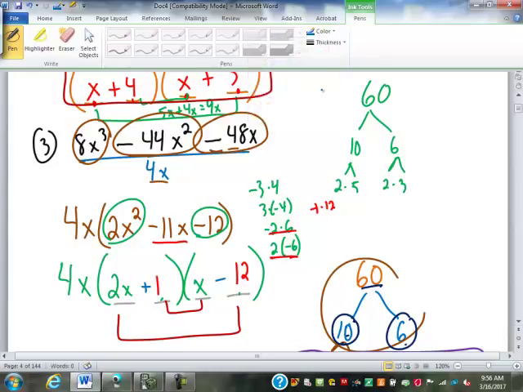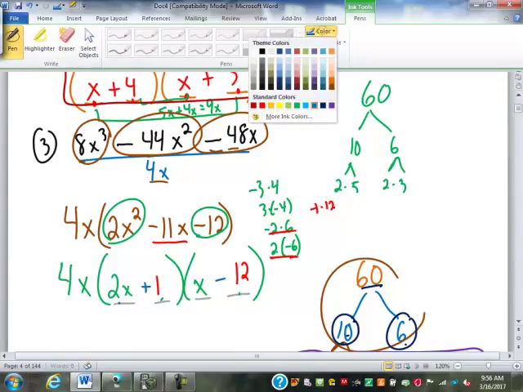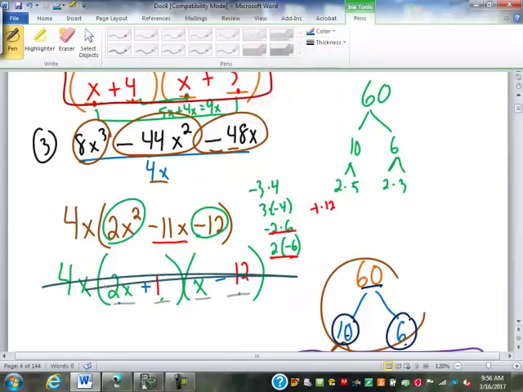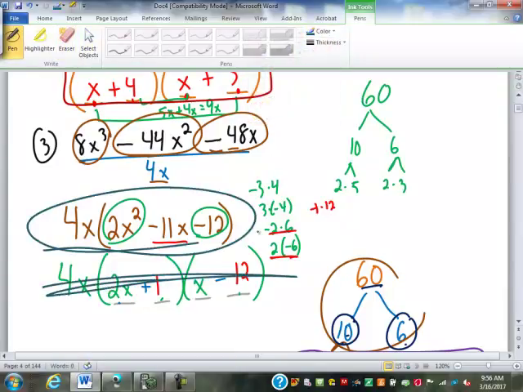On the outside, we've got 2 times negative 12, negative 24x. 1 times x is a positive 1x. That's a negative 23x. Not it. That's telling us that this wasn't factorable. That is our answer. We're done there. We couldn't split it up anymore.